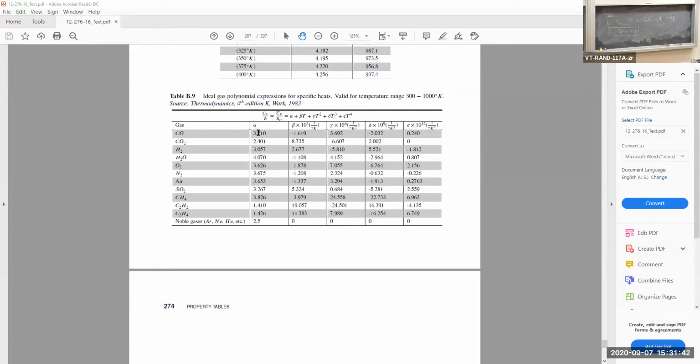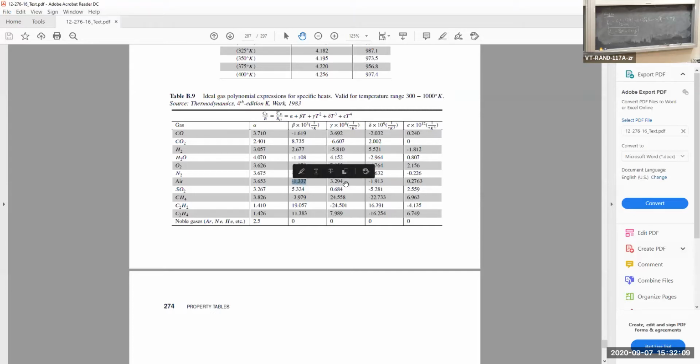Note, for the various gases, here's air. Alpha is 3.653 for this polynomial curve fit for specific heat, Cp. Beta, negative 1.337 times 10 to the negative 3. So beta times 10 to the 3 is this value.